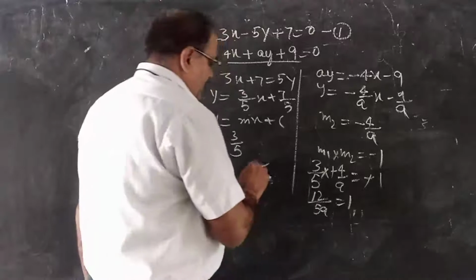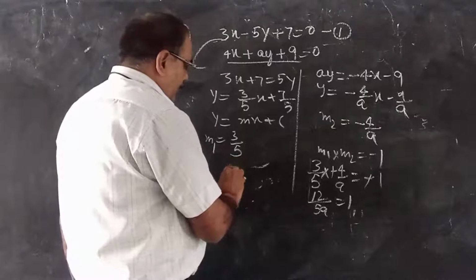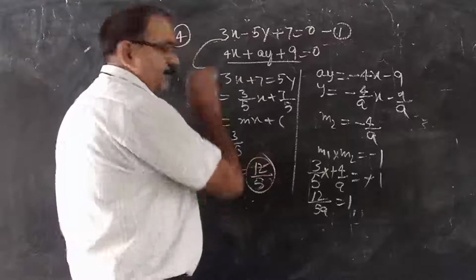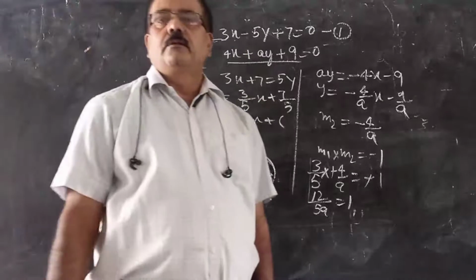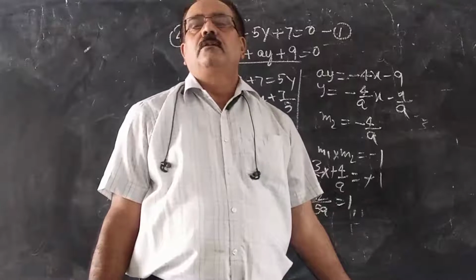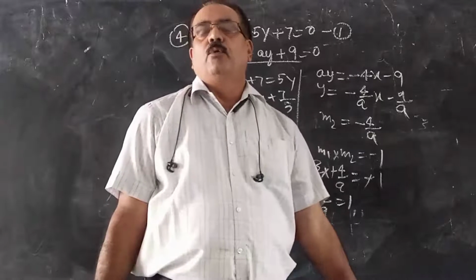The minus will cancel, so 12/(5a) = 1, or we can say that a = 12/5. This is the value.